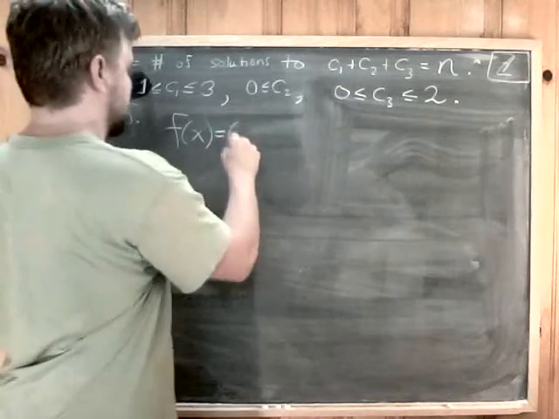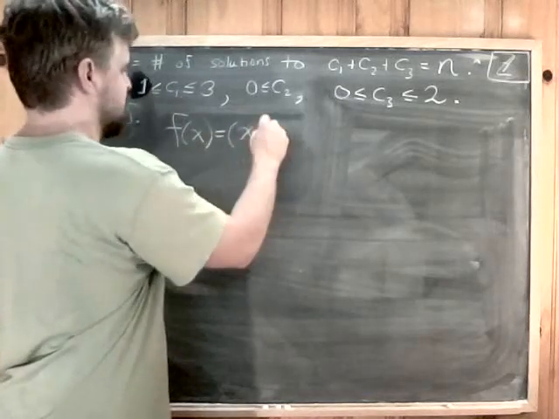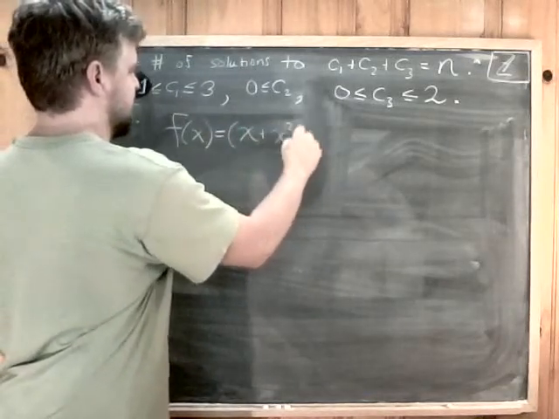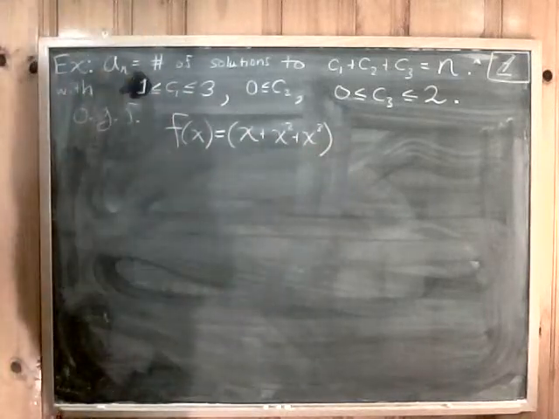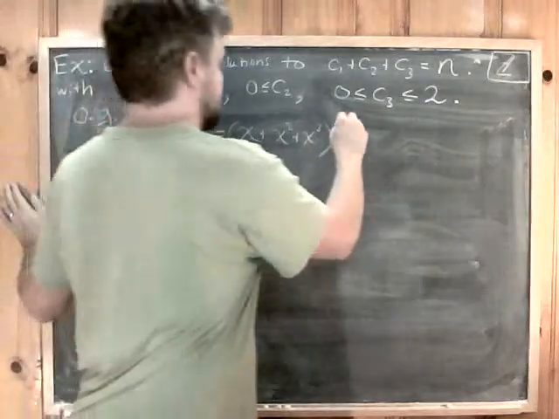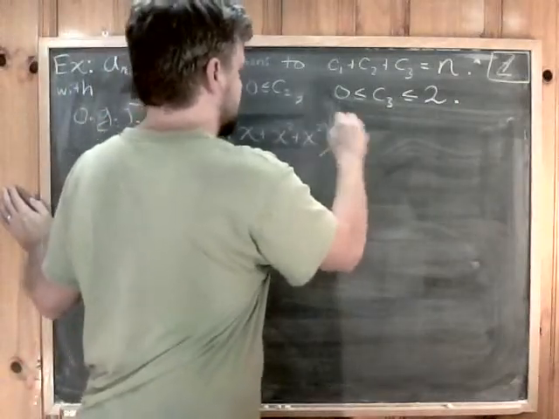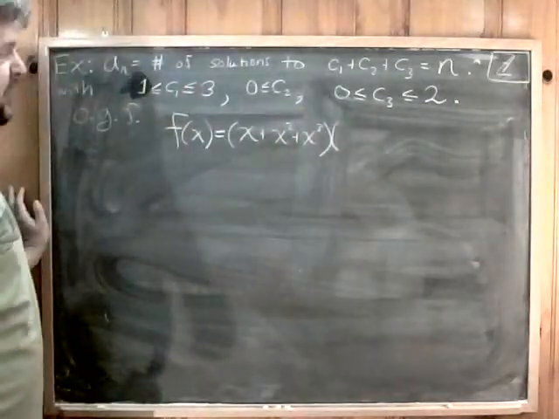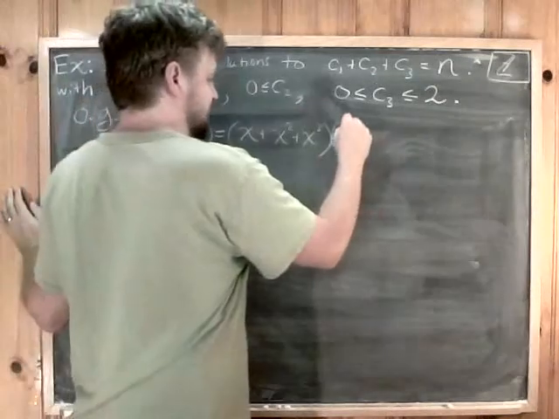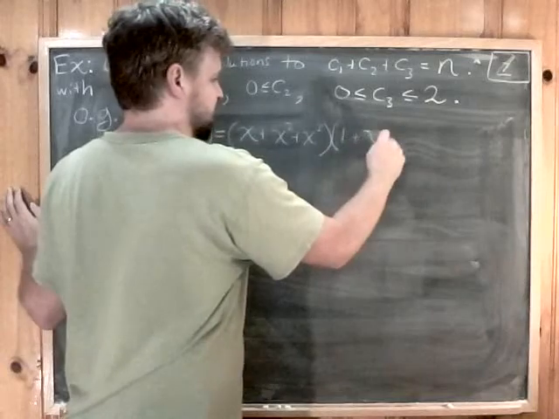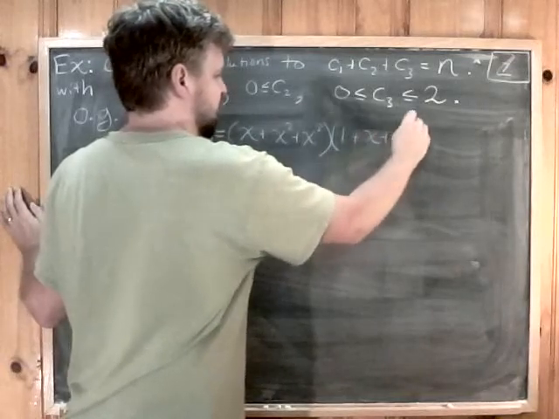So x to the 1 plus x squared plus x cubed. That's for c1. Then for c2, it has a power of 0 possible. So that means I need to start out with x to the 0, or 1, plus x, plus x squared.